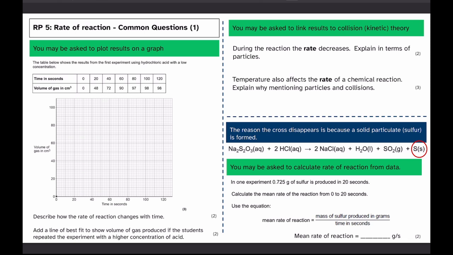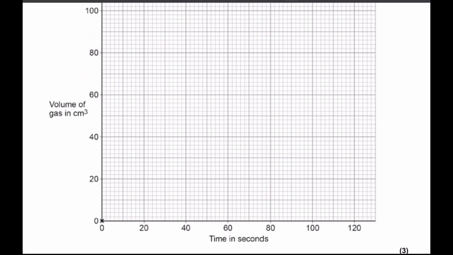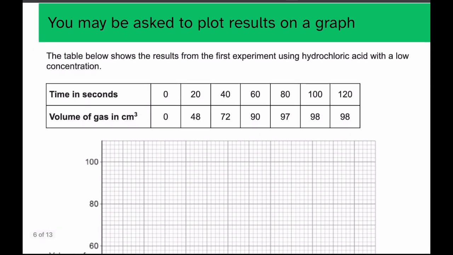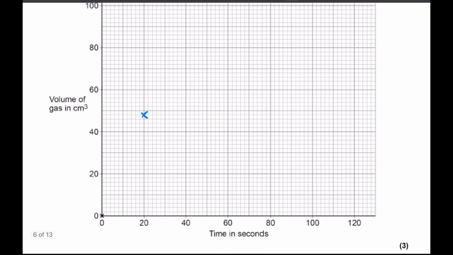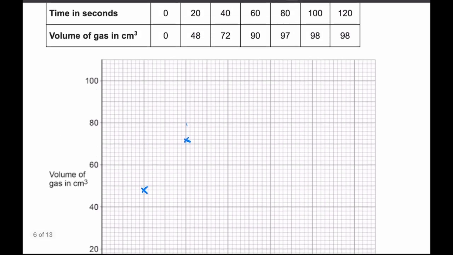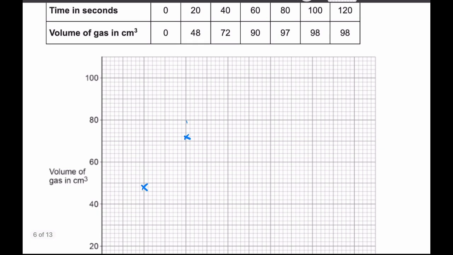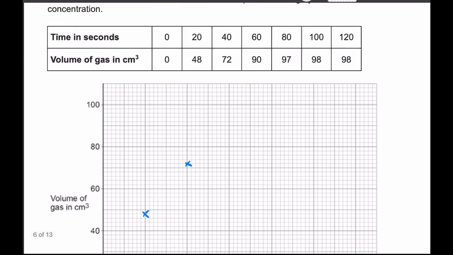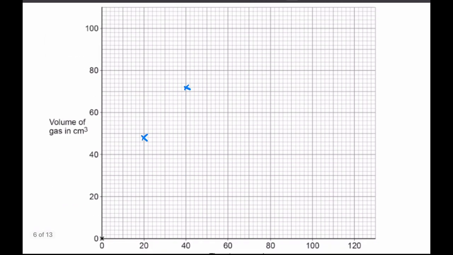So 20 and 48. I am going to have to plot it because of the questions I've asked. 40 and 72, so 40 goes up to 72, which is here. Make sure you plot in pencil, because if you do what I did there, you can just remove it. 60 and 90, that's a nice easy one.